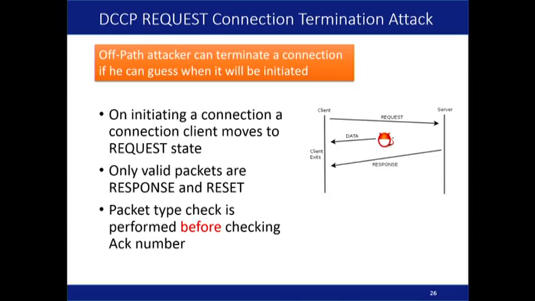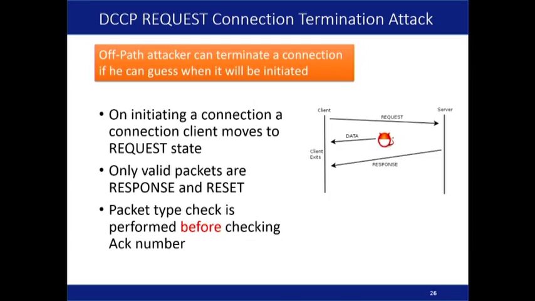The way the attack works is that on initiating a connection, a client sends a request packet and moves to the request state. In this state, the only valid response is a response packet.